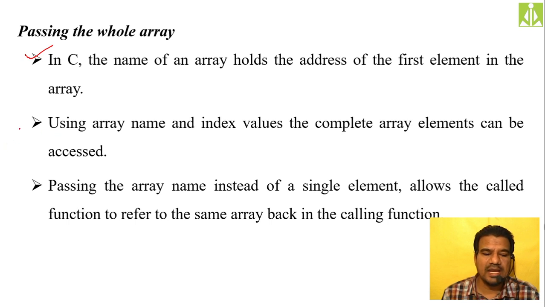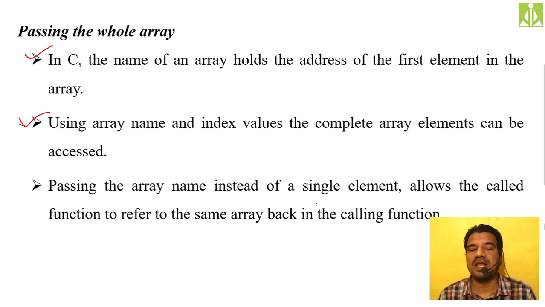Using the array name and indexed values, the complete array can be accessed. We use the array name followed by the index value inside the called function to access the complete array. Passing the array name instead of a single element allows the called function to refer to the same array in the calling function.